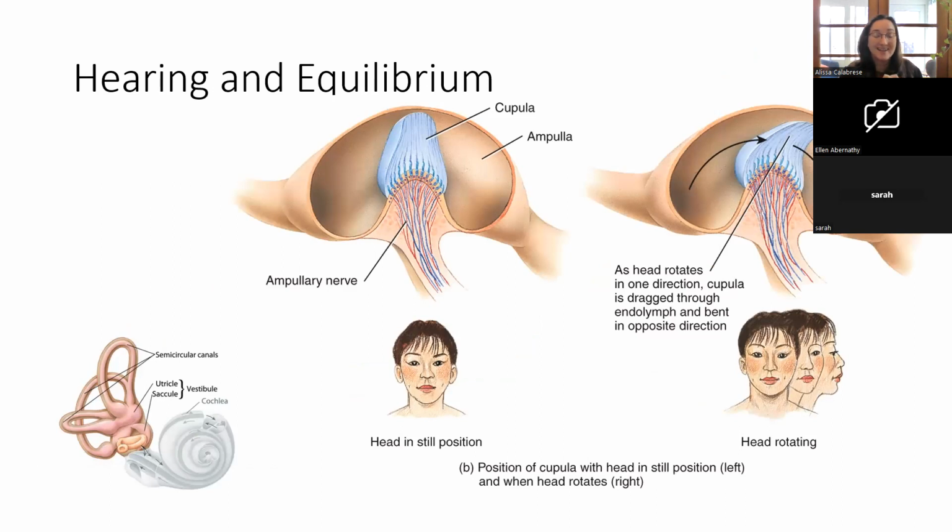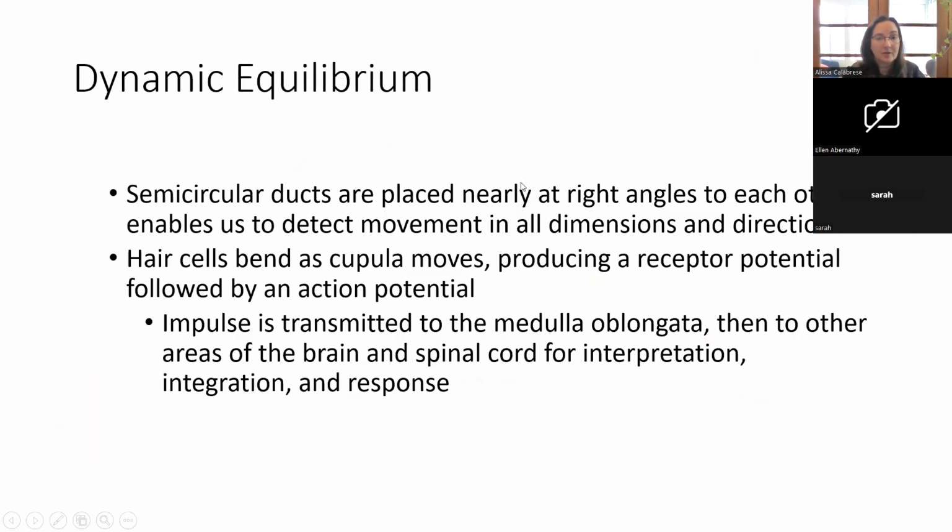For dynamic equilibrium, so dynamic equilibrium has to do with movement, right? Keeping your balance as you're moving. Dynamic equilibrium is processed in these semicircular canals, so these big loops that kind of extend off of the vestibular apparatus. The dynamic equilibrium has to do with inertia.